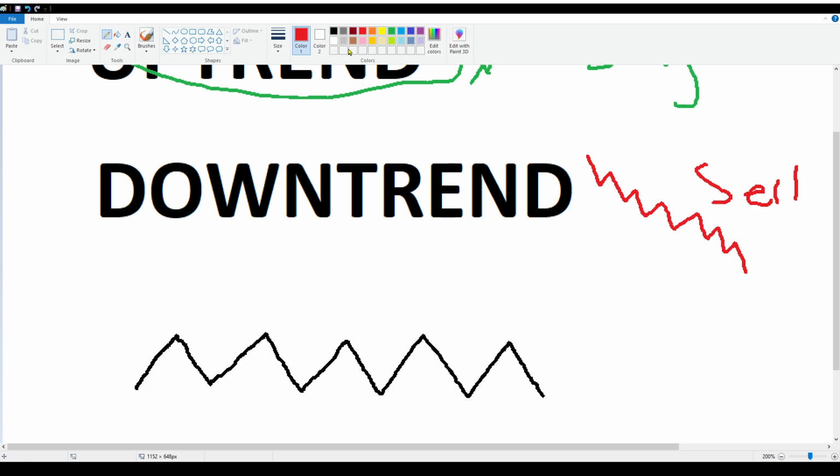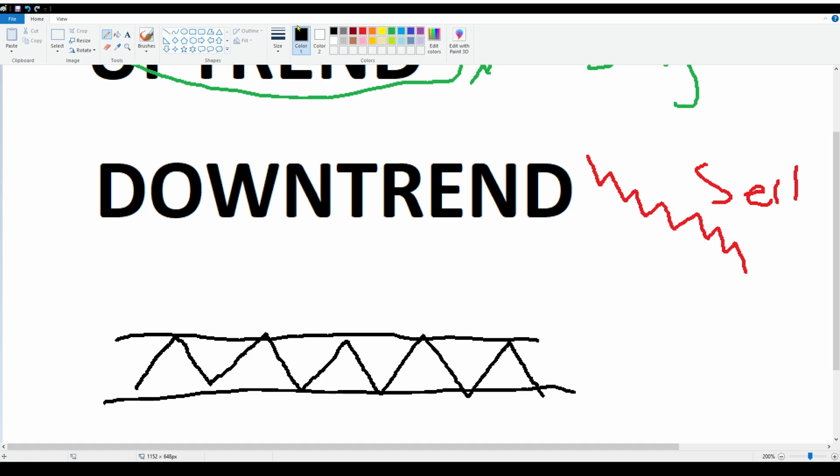Okay, so let's start with the buy trade. Remember, in a sideways trend, the market is moving in between two levels, just like that. Which means that at the bottom of that price range, you are going to be opening up buy trades. When the market hits the bottom, you open up buy trades.